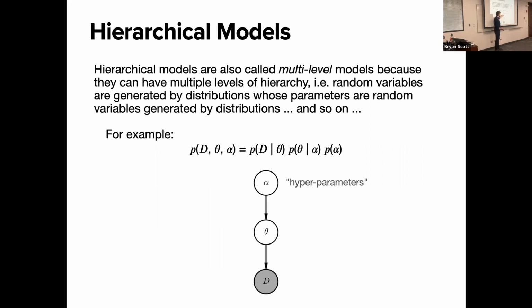The fact that there's no arrow from alpha to D means that when we factorize this joint, D is only conditional on theta, but then theta is conditional on alpha. And then there's nothing pointing at alpha, so there's no conditional in that distribution. If D depended on alpha, if there was an edge that went like that, then this would have to be theta comma alpha here. And you actually wouldn't be able to factorize this, I don't think. Does that make sense? Any questions about this?